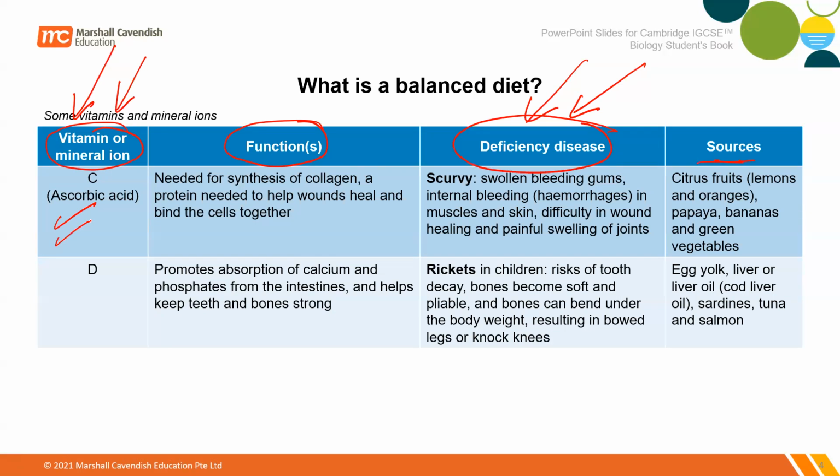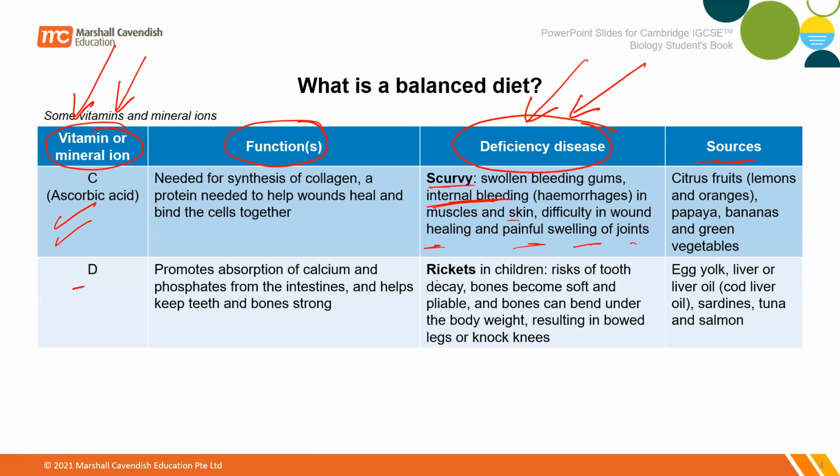The deficiency of vitamin C causes scurvy, with swollen bleeding gums or internal bleeding in muscles and skin. It causes difficulty in wound healing and painful swelling of joints.